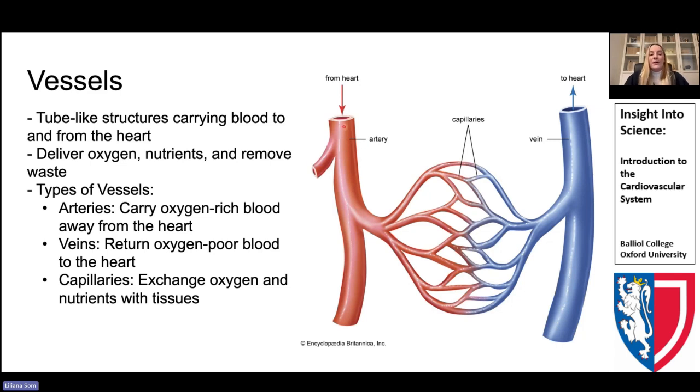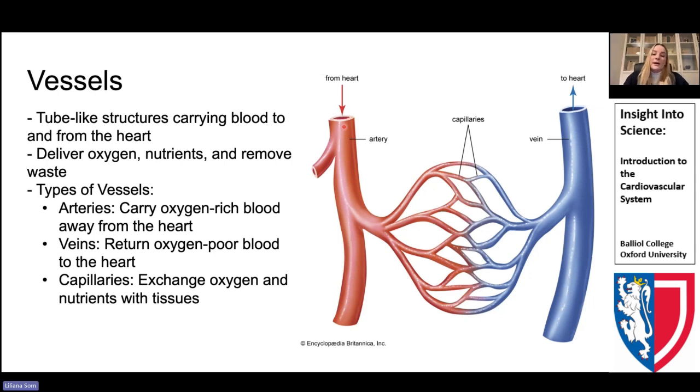So arteries are often defined as the vessels that carry the oxygen-rich blood away from the heart. But if you think about it, in the case of the pulmonary circulation, that does not stand, because the pulmonary artery actually transports low-oxygen blood to the lungs.